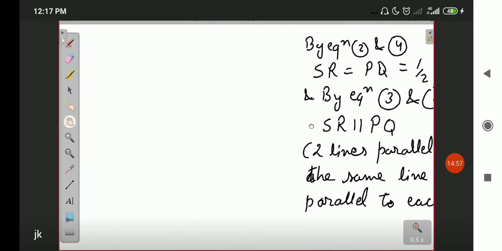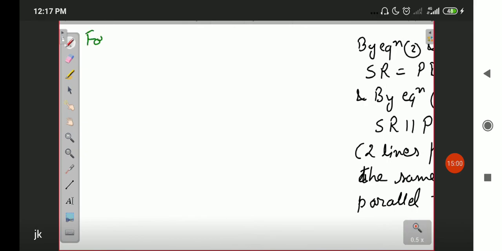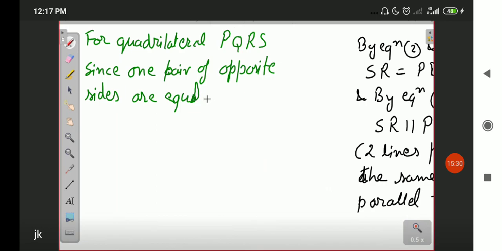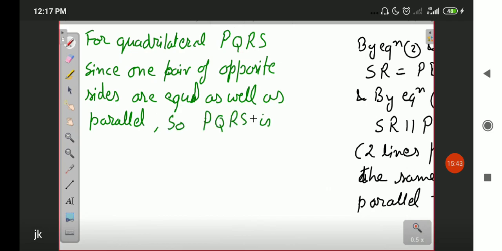So we will write, for quadrilateral PQRS, since one pair of opposite sides are equal as well as parallel, PQRS is a parallelogram.